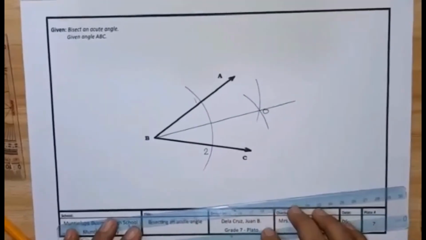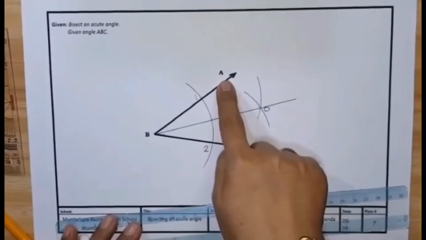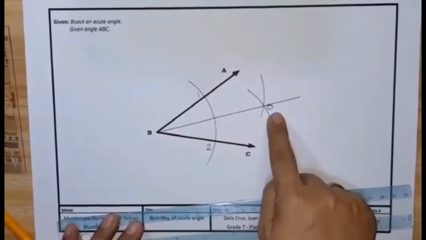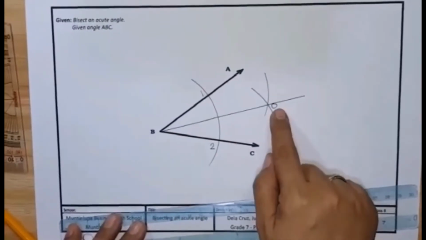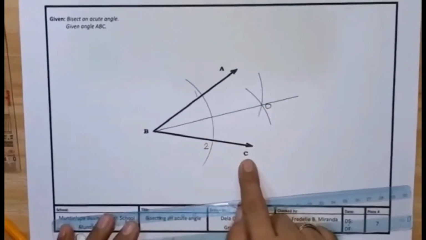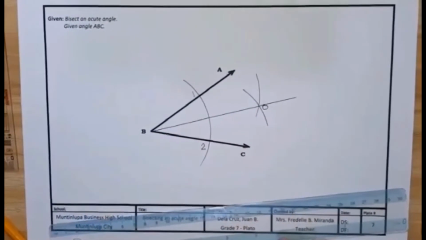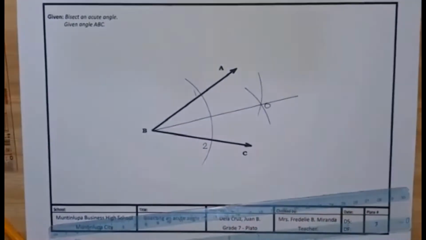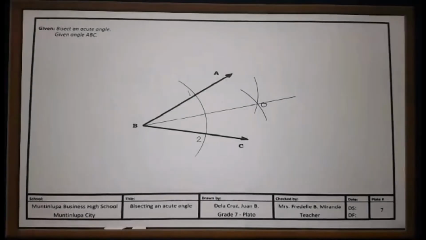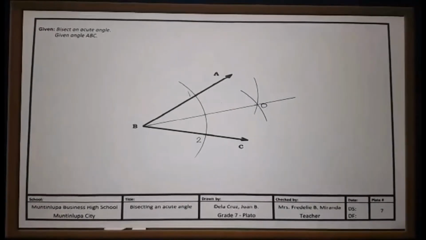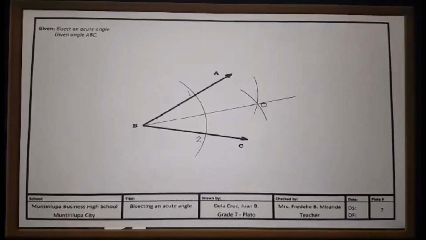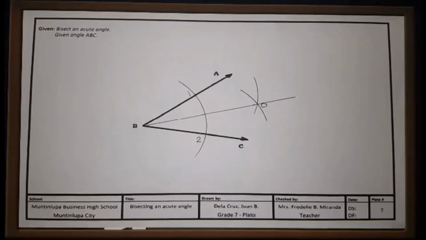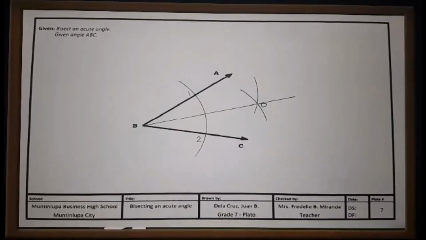That is exactly the half of the angle. Angle ABO and OBC are the same measurement. We already bisect the given angle. Did you get it? Very good, students. I guess you are now getting the hang of this activity. Let's keep going.